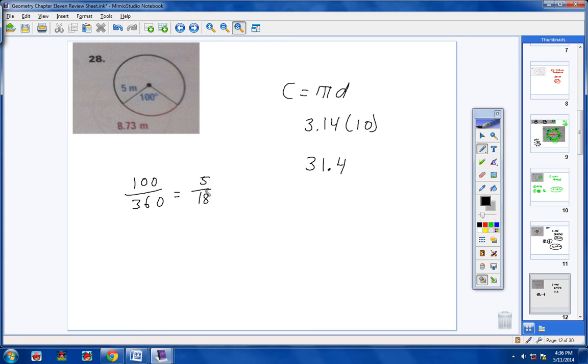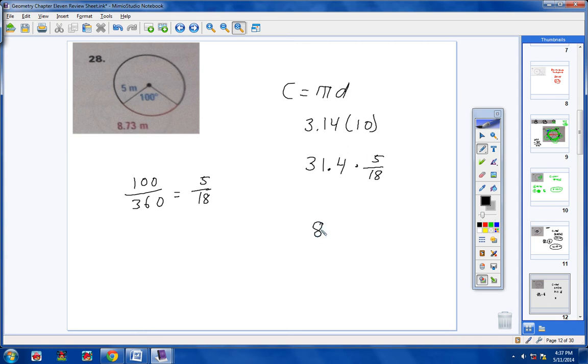So we're going to take 31.4 times 5/18, and if we do that correctly, I'm getting 8.72. They have 8.73. More than likely, they're not using 3.14. They're probably using their pi button on their calculator, which is fine. I'm not going to be that picky.